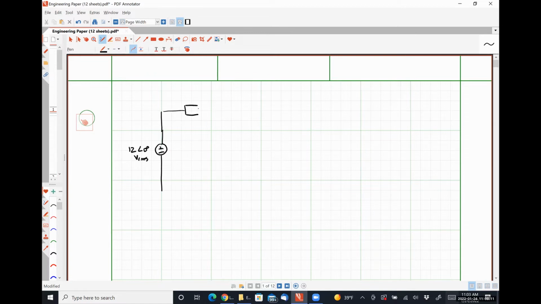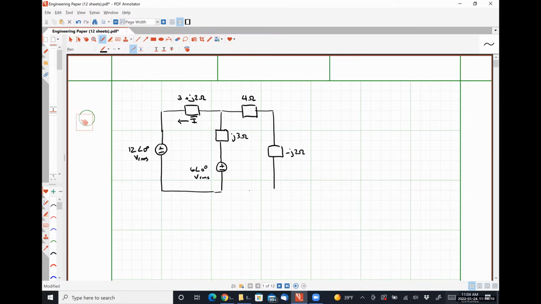We have a generic impedance, which I'm going to call 3 plus J2 ohms, through which I am trying to find the phasor current I. I have a J3 ohm impedance, a 6 angle 0 degrees voltage source, a 4 ohm impedance, a minus J2 ohm impedance, and a 3 angle 10 amp source.